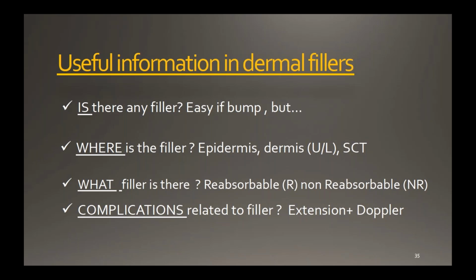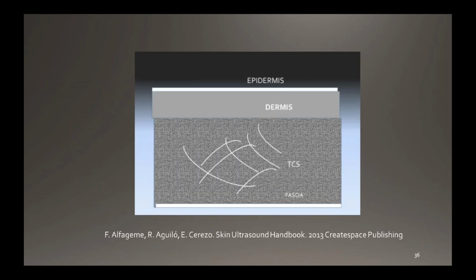We can also assess where the filler is located: epidermis, dermis, subcutaneous tissue. What kind of filler is there? Is it non-resorbable or resorbable? That is important regarding the prognosis if there's a complication. And if there is a complication related to the filler, we can see the extension of the complication and the prognosis of this complication.